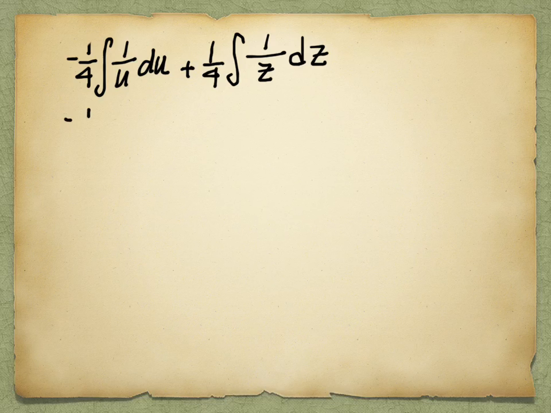So what is the antiderivative of 1 over u? Natural log of, remember, the absolute value of u, plus 1/4, and here becomes the reason why I needed to make sure the letter was different. What's the antiderivative of 1 over z?